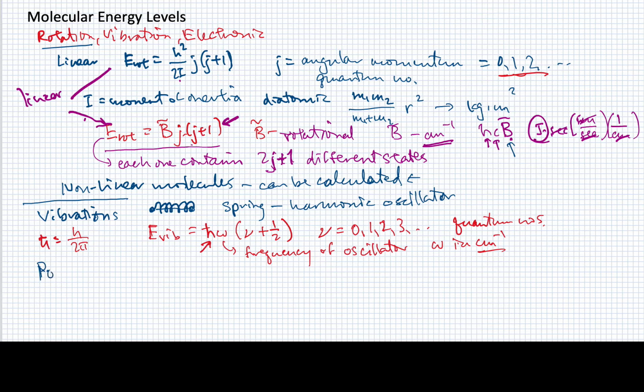Now, it turns out in molecules, although the oscillators are coupled to one another, that is, they can share energy among themselves, at very low energies, we can treat them as though they were independent harmonic oscillators. So I can write this just as a sum over these independent harmonic oscillators, each of which has its own distinctive frequency, and each of which will have its own quantum number here.